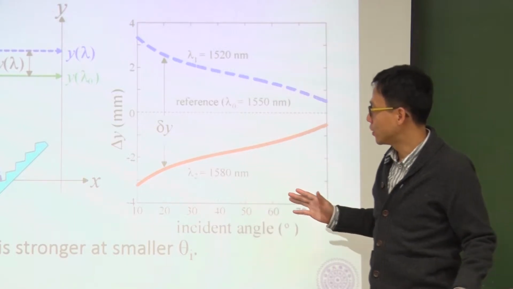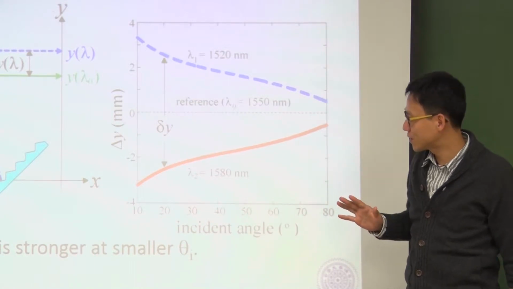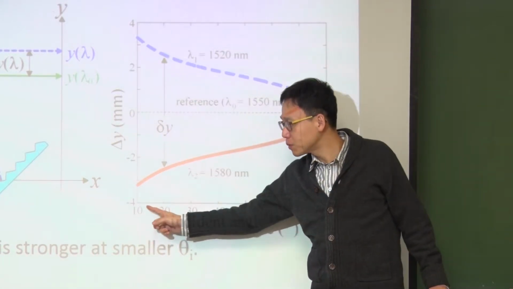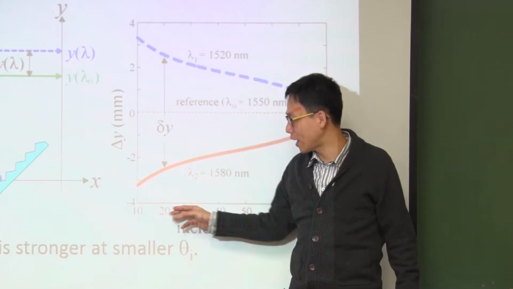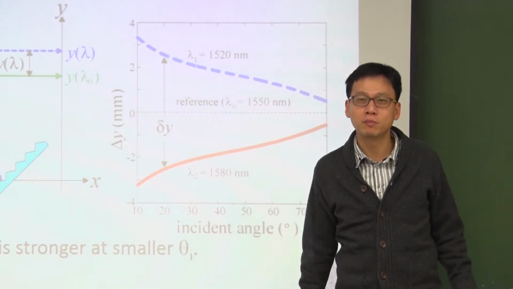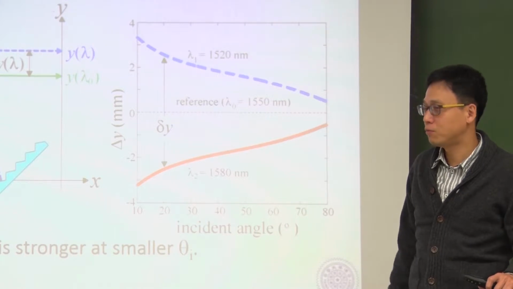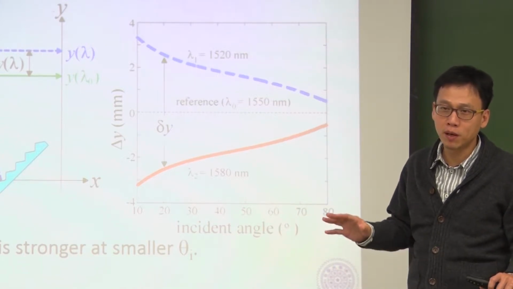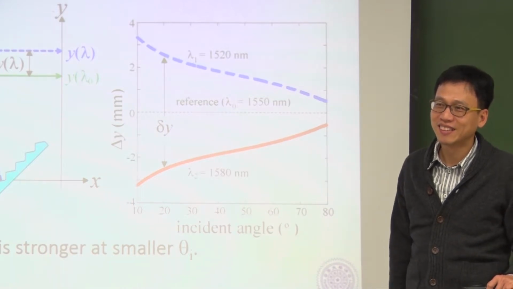But in reality, you have to consider the spatial chirp effect. So that means theta I cannot be too small. If you push your theta I too small, you will suffer from very serious spatial chirp issue. Although maybe you cannot find there is any problem about the stretching ratio or compressing ratio.